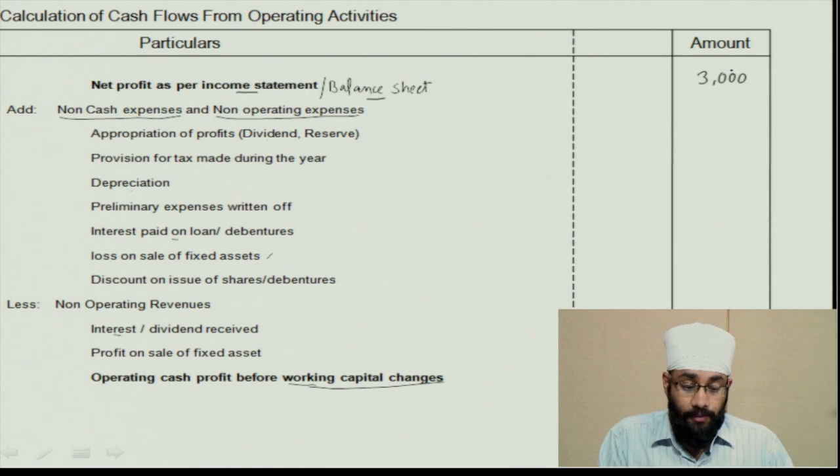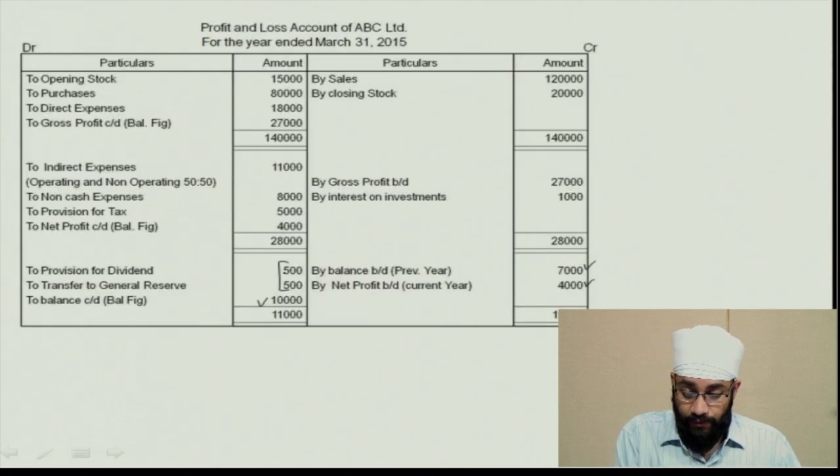The next thing to do is add back any non-cash expenses and non-operating expenses. So let's figure out what are the non-cash and non-operating expenses in the income statement. So we have provision for dividend and transfer to general reserve. Transfer to general reserve is a non-cash item here.